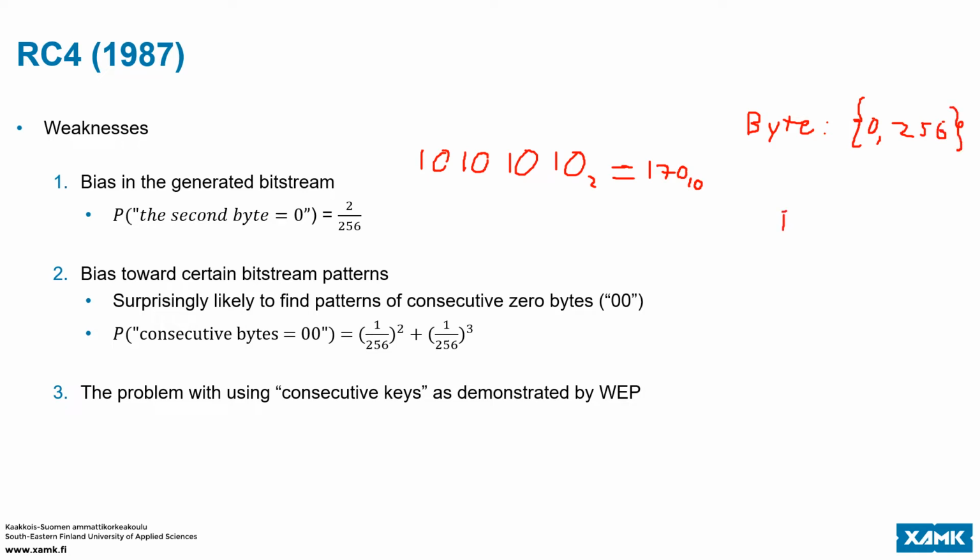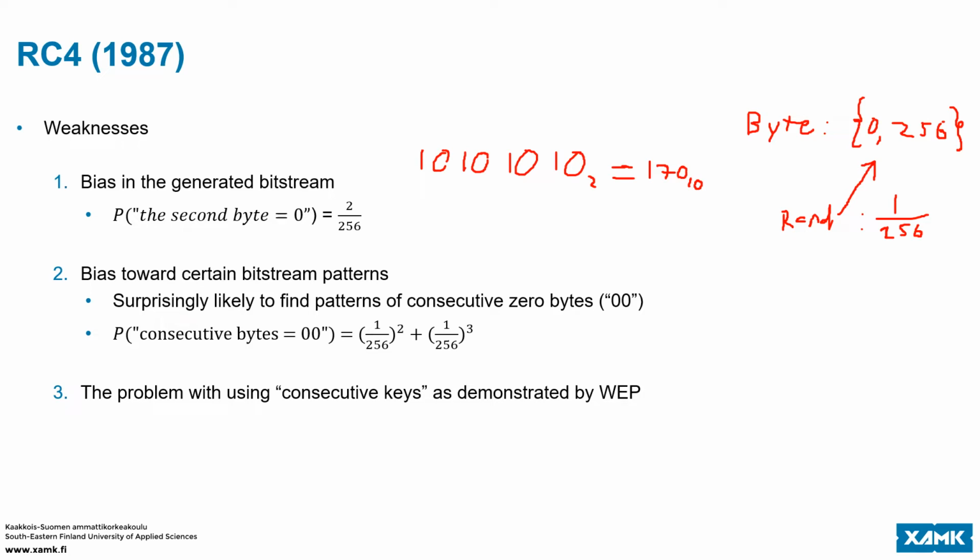Now if we select a byte at random from these 256 options, the probability for one particular byte to be selected should be 1 over 256. And it turns out that the pseudo-random number generator that ARC4 uses actually produces slightly biased bit streams.